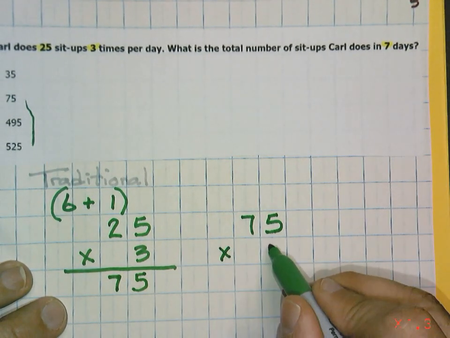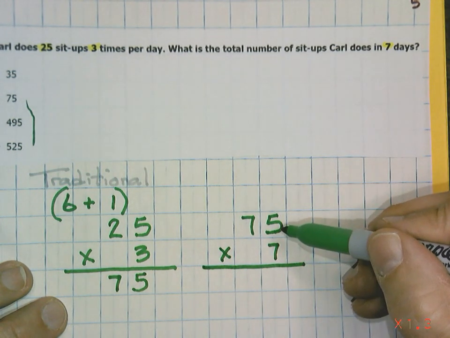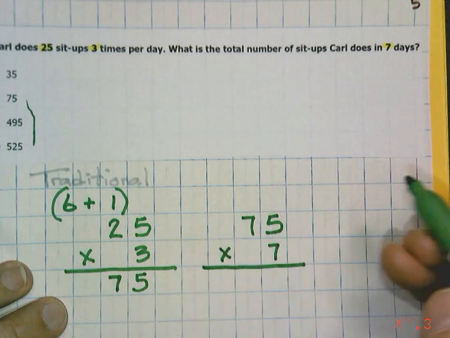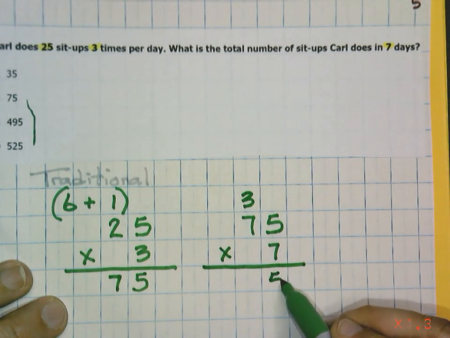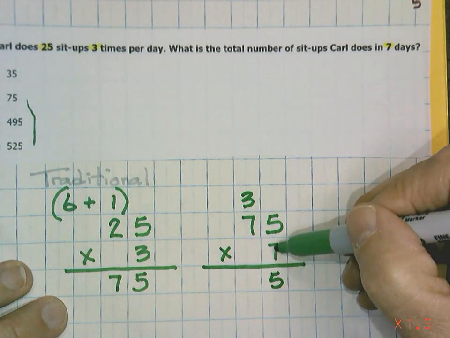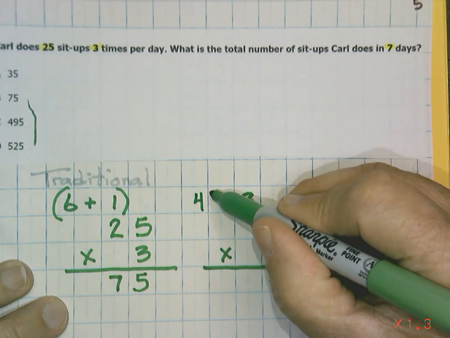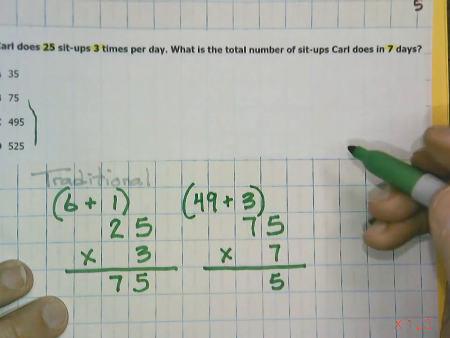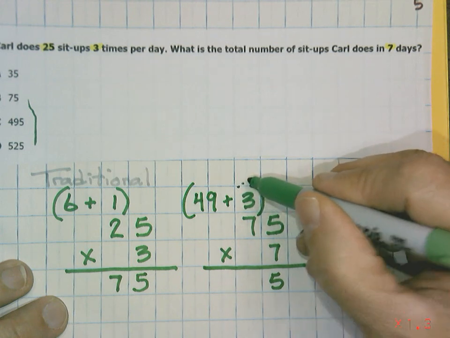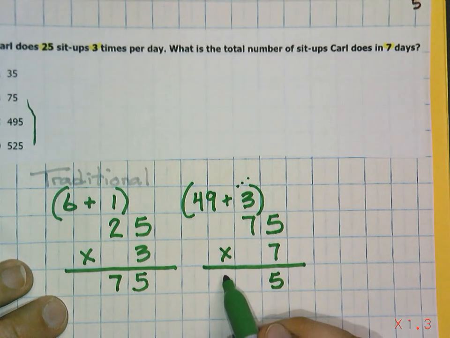And again, let's use a traditional strategy. 5 times 7 is 35. So I regroup my 3. And then 7 times 7 is 49. I'm going to add that together. I could use pin dots. 1, 2, 3, 49, 50, 51, 52.